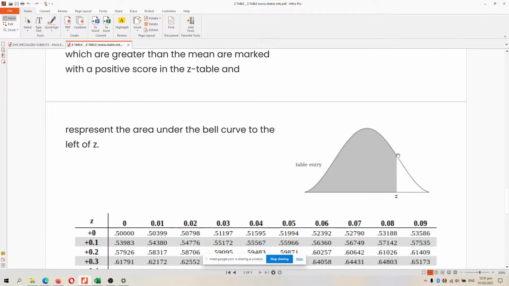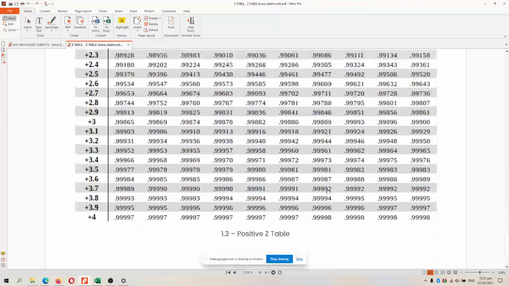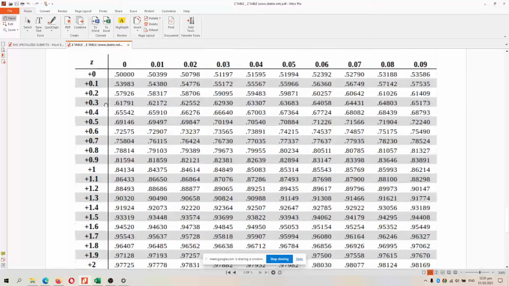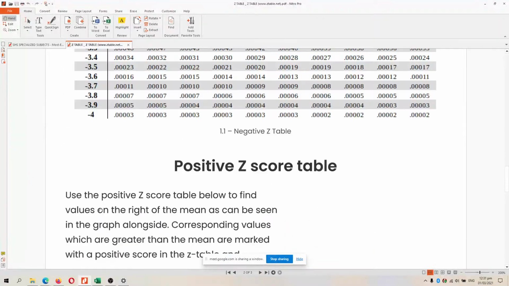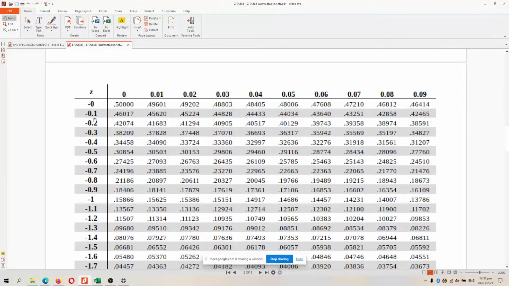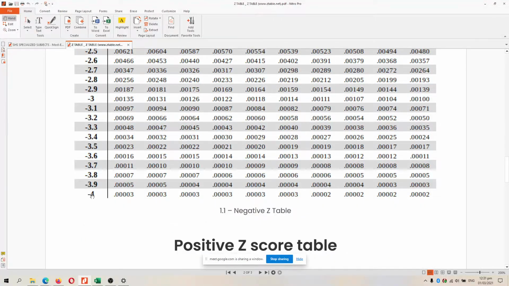Ito yon. So, itong left of z, ito. Ayan. So, meron tayong positive z-score dyan. So, as you can see, nag-range siya from 0 going up. This is z-score natin. And then, yung negative is from 0 going negative 4.